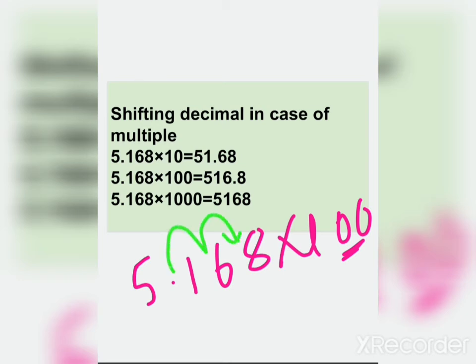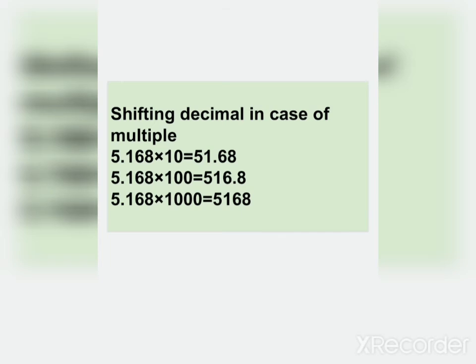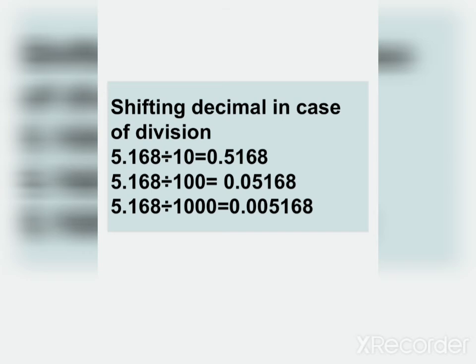So it will come in between, and it will be 516.8. Now if we do this with 1000, the point will shift three places, and it will be 5168.